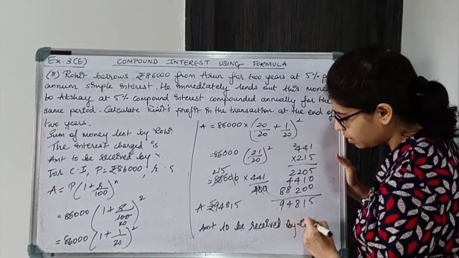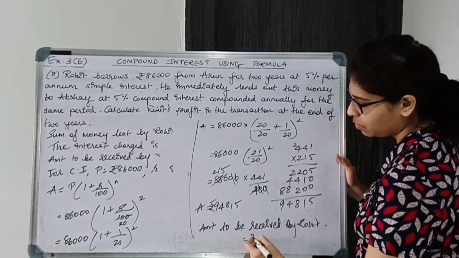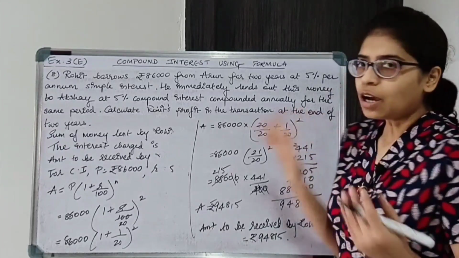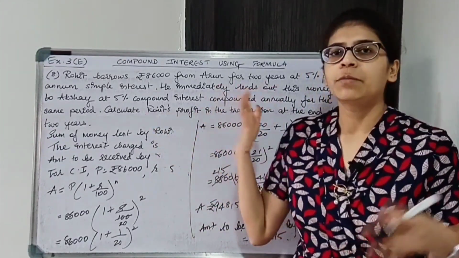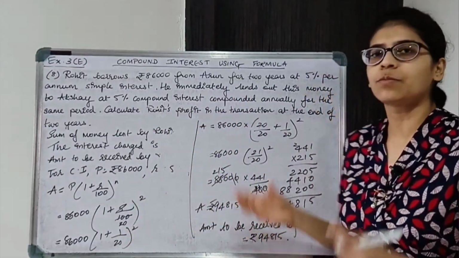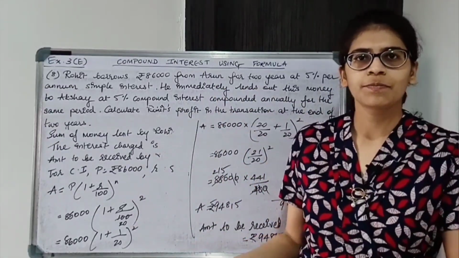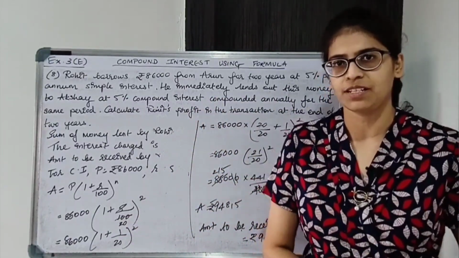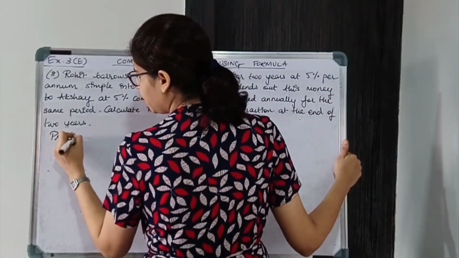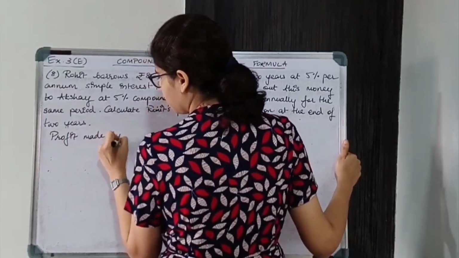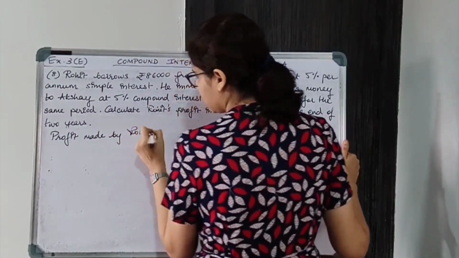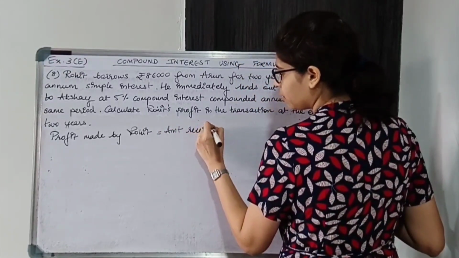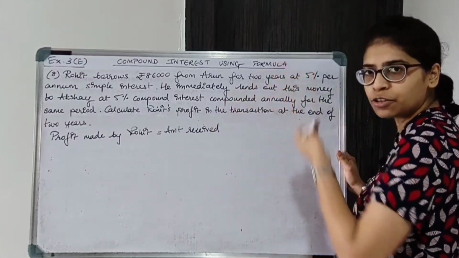Okay, so the amount to be received by Rohit is rupees 94,815. Now we need to find the profit made by Rohit. That is nothing but the amount that he gets minus the amount that he has to return. So that will be 94,815 minus 94,600, which is 215 rupees. The amount received should be more than the amount that you have to return.